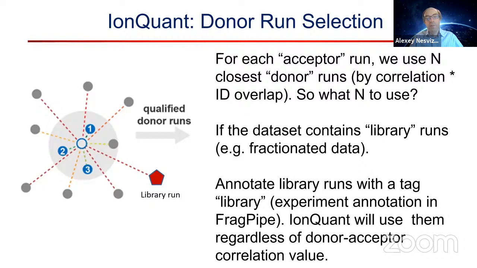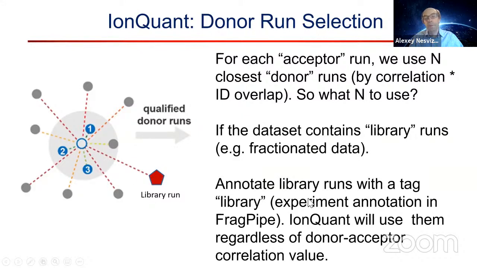Each fractionated run is only one particular peptide fraction, maybe a pool of all samples fractionated using SCX or something like this. So each library run would probably be quite different from any single shot run. The correlation would be low, but we would like to use that run to transfer identifications.